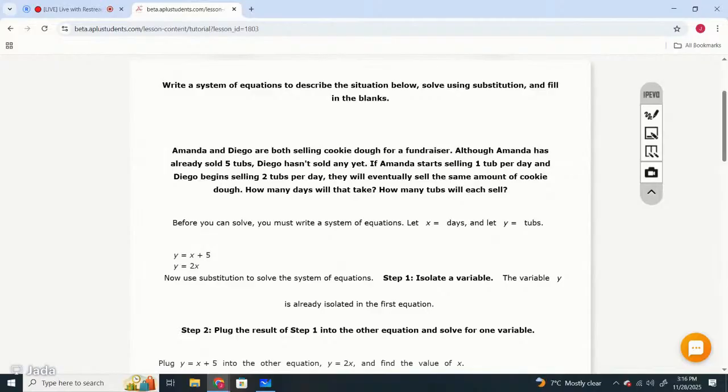Write a system of equations to describe the situation below. Solve using substitution and fill in the blanks.